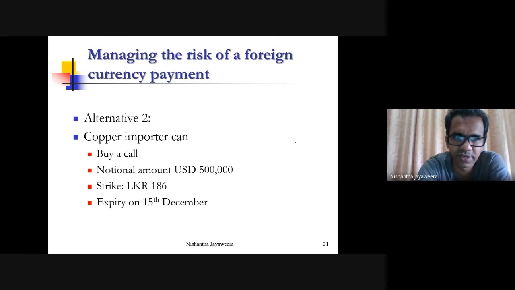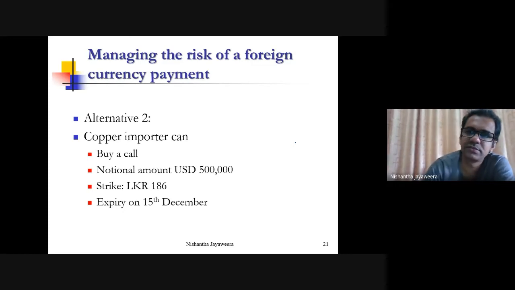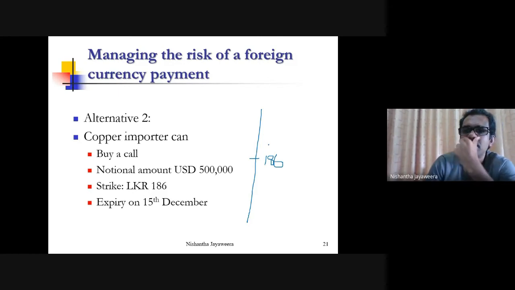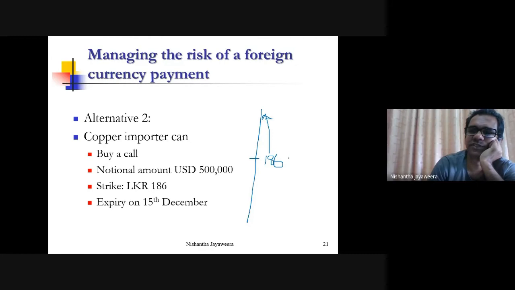Then the second alternative to hedge a foreign currency payment is to buy a call option. As explained earlier, if the strike rate is 186, if the rate moves above here, still you can buy dollars at 186.